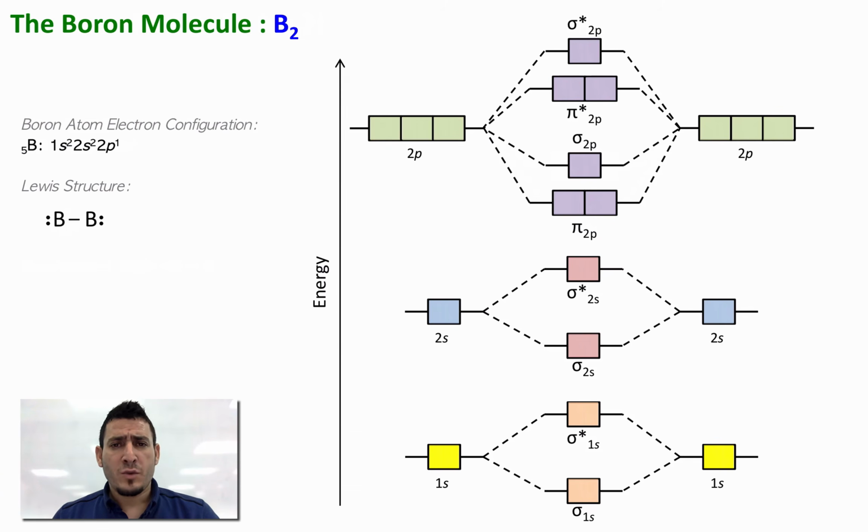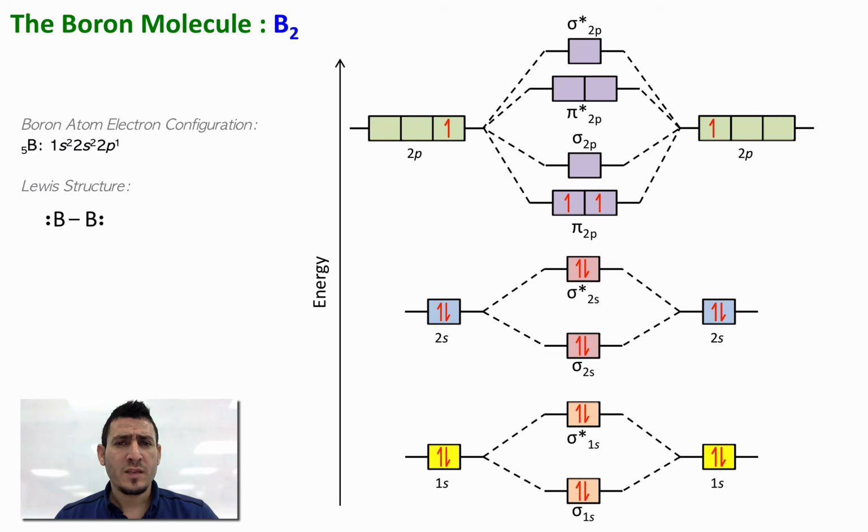So every boron has 5 electrons, and these 10 electrons will fill the sigma 1s, sigma star 1s, sigma 2s, and sigma star 2s, and they will fill the pi 2p orbitals with 1 electron each. Now, I forgot to mention something here.